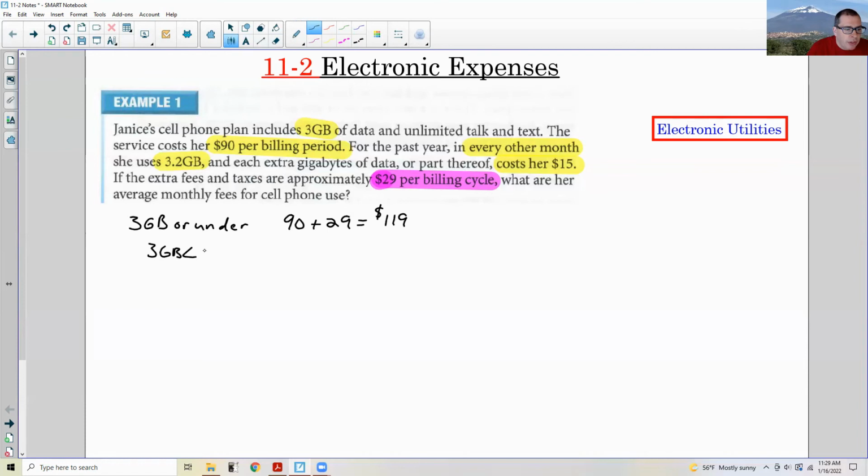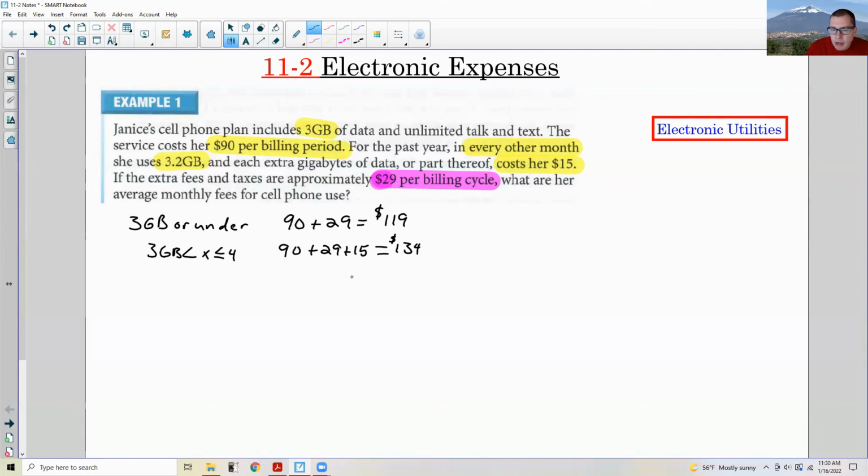So if her data, let's call it X, is greater than 3 gig but less than or equal to 4, then it's going to be 90 plus the 29 plus $15 for a partial gig. So that would be 90 plus 29, which we already know is 119, plus another 15, which is $134. So $134 is the monthly cost of up to 4 gig.